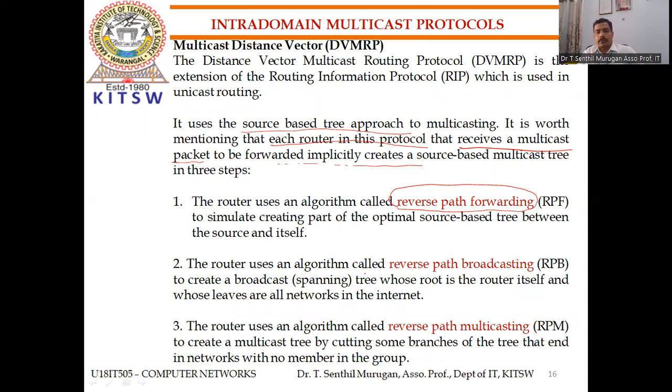Sometimes the router uses an algorithm called reverse path broadcasting, RPB. The third method is reverse path multicasting. These three methods are used for forwarding packets to the multicast routers in multicast distance vector routing. Okay. Further explanation you can read from the textbooks.